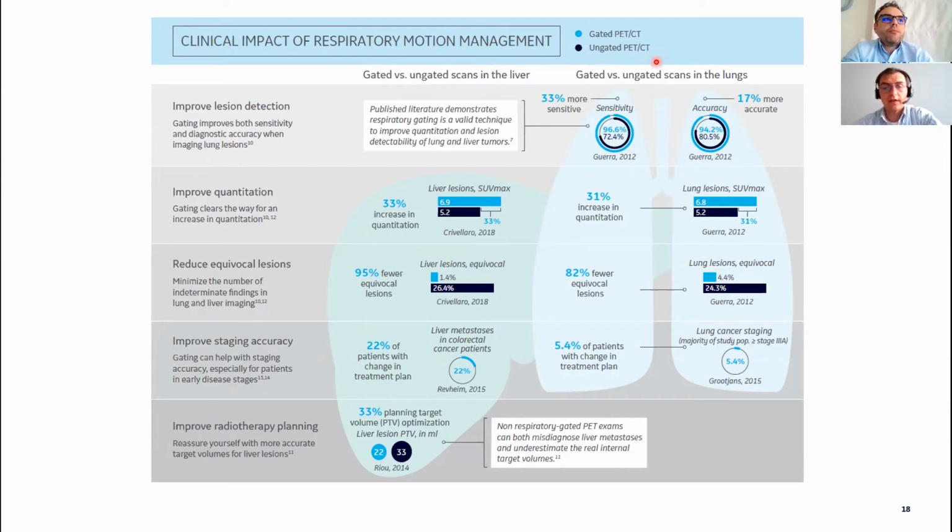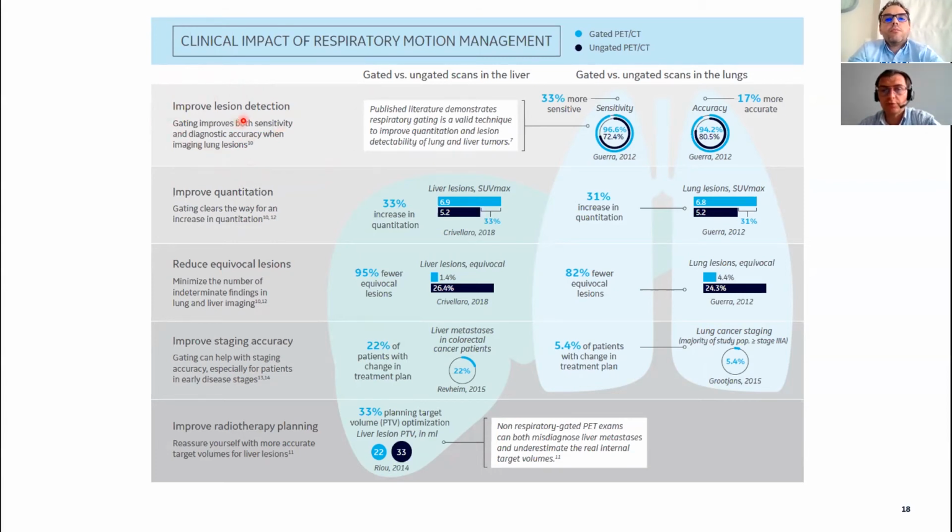These results are coming from different researchers using motion-free and a previous version of motion-free with external camera. What was already proved with many studies is that respiratory gating techniques are improving lesion detection.